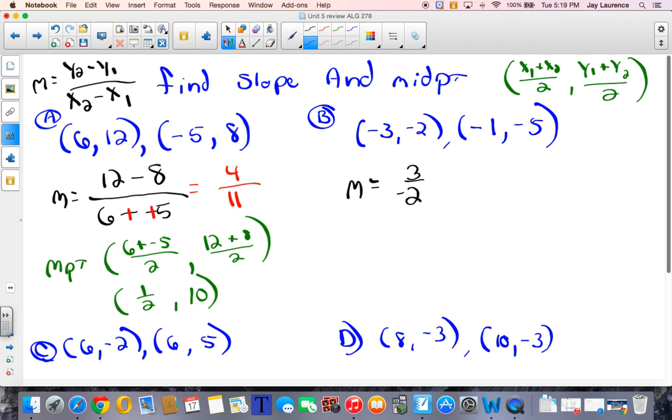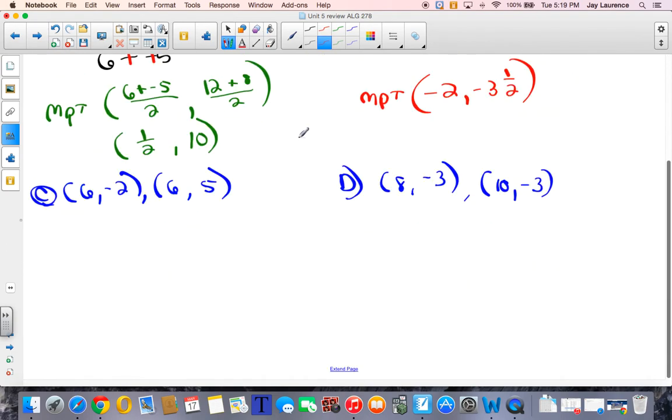So that'll be negative 2. Negative 3 minus negative 1. Those two will change. You're going to get negative 2. So your slope is negative 2. All right. To get the midpoint, you just have to average. Add them together and divide by 2. So the midpoint is negative 4 cut in half, negative 2. Negative 7 cut in half, negative 3.5. And there's your midpoint. Piece of cake.